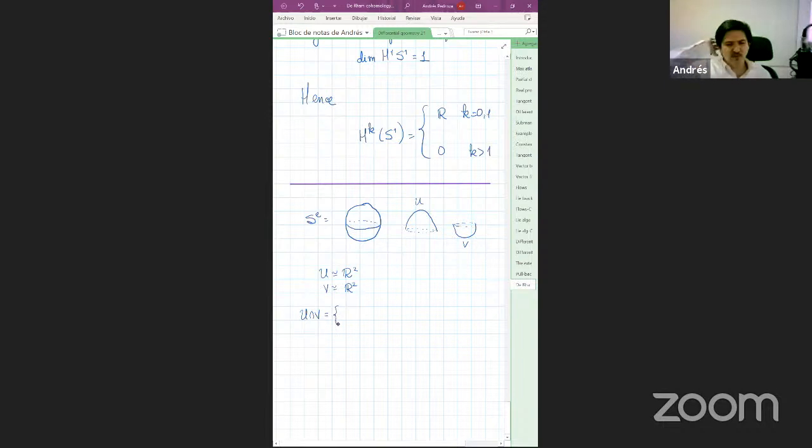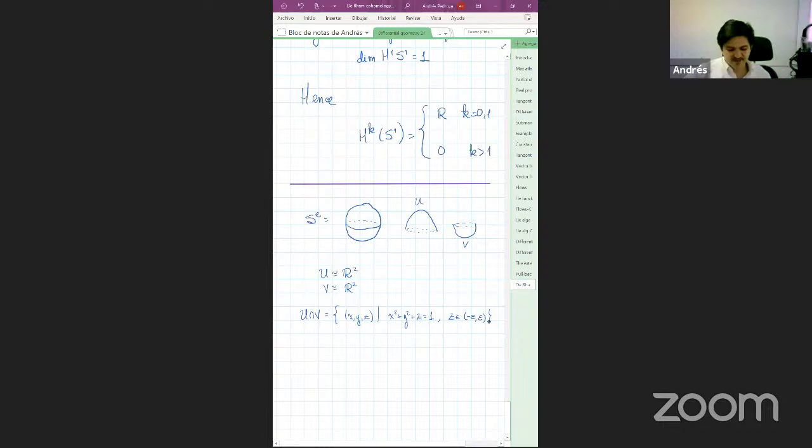For now, I would like to put it explicitly. I would like to think about this in R3. So it is on the sphere, right? But let's say that the z-axis is between minus epsilon and epsilon, right?